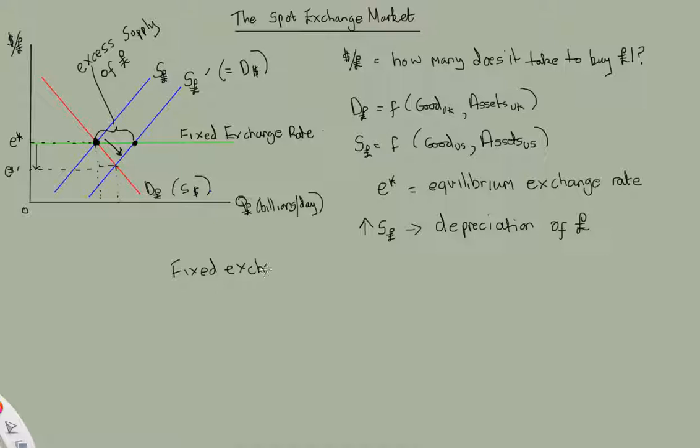So under a fixed exchange rate, the excess supply of pounds is going to end up with the British government having to run down their foreign currency reserves to defend the value of the pound. This is what happened under Bretton Woods, with the Bank of England.